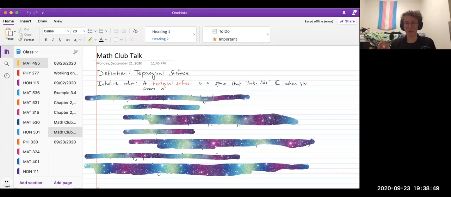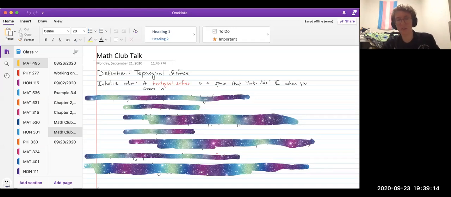So C is just the complex plane, the set of all complex numbers. So a topological surface is something that, maybe on a large scale it's shaped very differently, but on a small scale it'll almost look like just the complex plane.